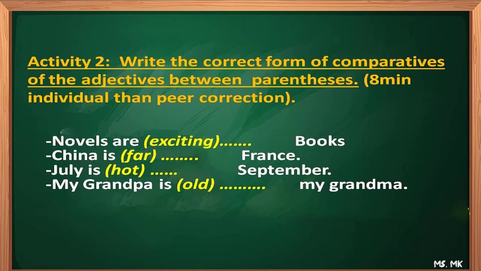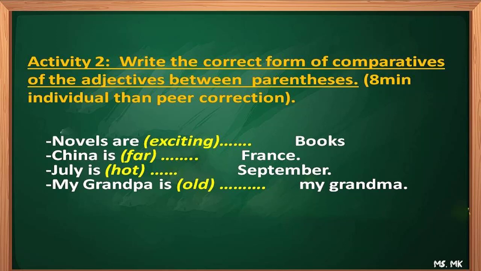Activity 2, which is meaning-based, the same thing. You give them 8 minutes for the activity, and you mention that it is individual. Then it's going to be a peer correction. For example, each pupil is going to do it alone, and when he or she finishes, he's going to give the activity to his or her classmate to correct.